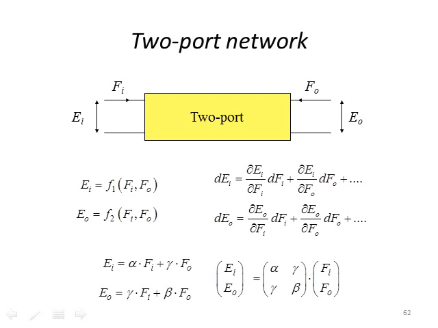And then we can reformulate this into Ei equal to alpha Fi plus gamma Fo. Eout is equal to gamma times Fi plus beta Fo. And then we can put this into matrix format, where the vector components Ei, Eout are equal to this component matrix multiplied by our through variables, Fi and Fo.